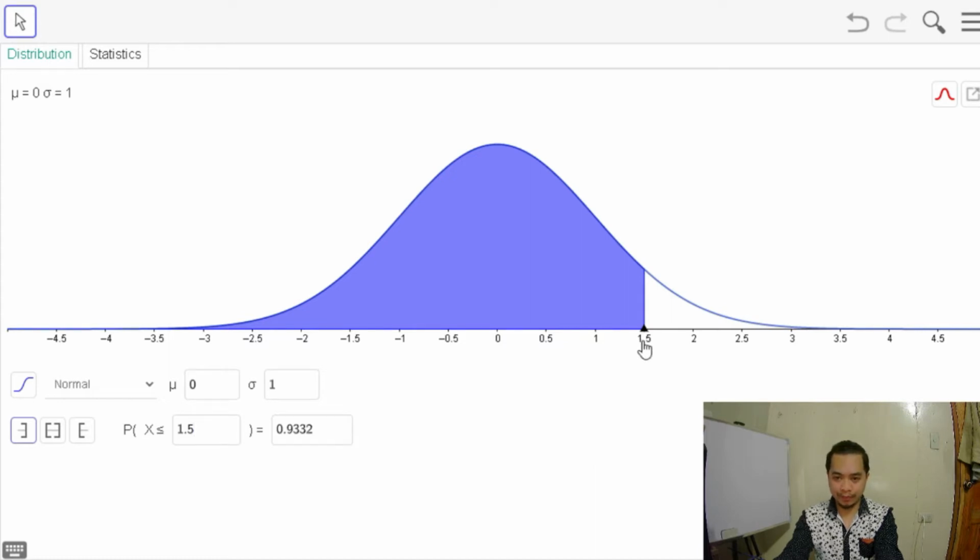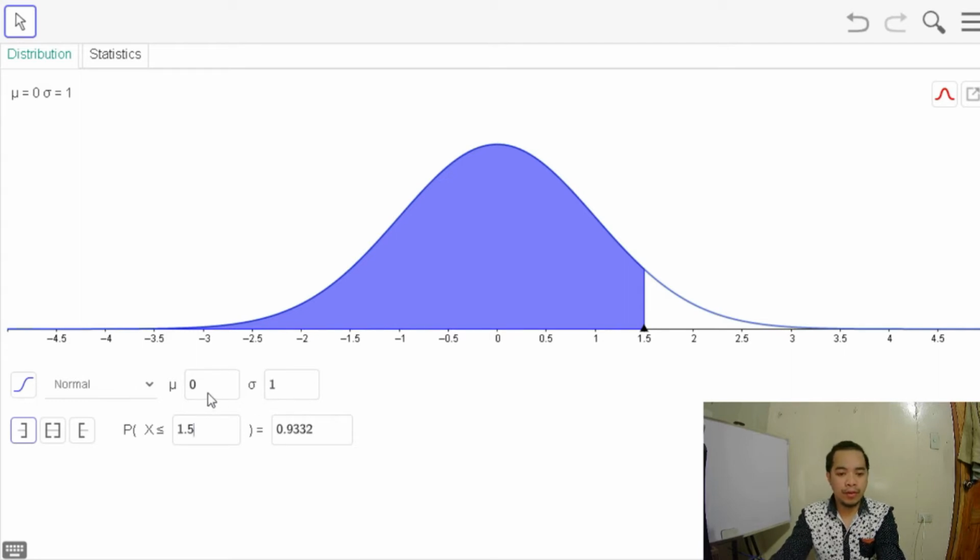Anyway, our mean is set to 0. That's by default the value of our mean, and the default value for our standard deviation is 1. So again, in statistics, if these are the values for our mean and standard deviation, we call this specifically our standard normal distribution.